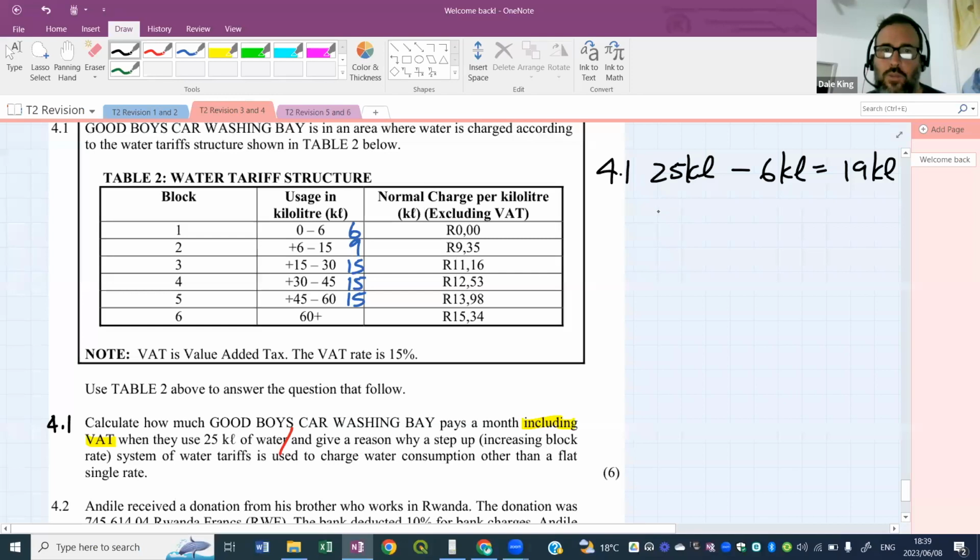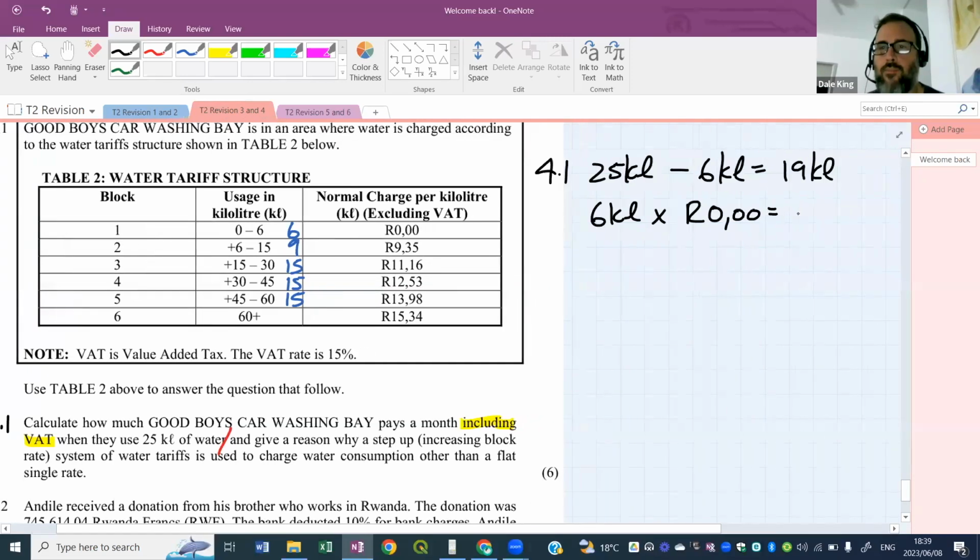Those 6, the first 6, must get charged at its rate, which in this case, luckily, is 0, which means it's not going to cost anything. But I'll write it there anyway. How many kiloliters of water do we still have left? We still got 19 left. We still got to work with 19 now. So just remember that.